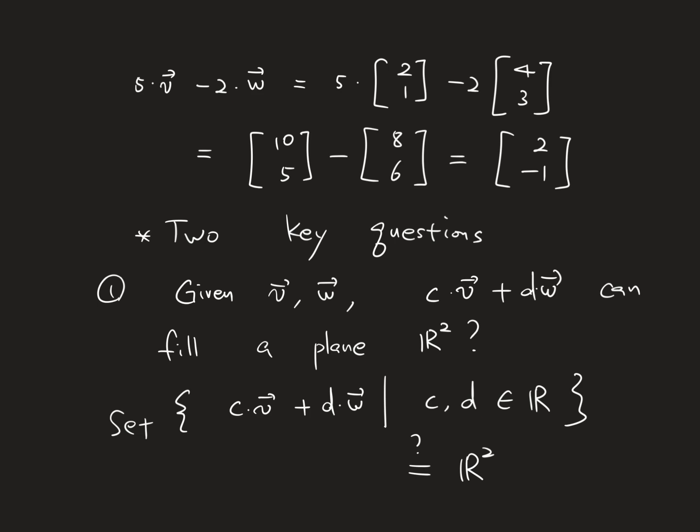The other question is on the next page. In other words, we can say the vectors v and w could be generators of R2, or we can say they could span R2.